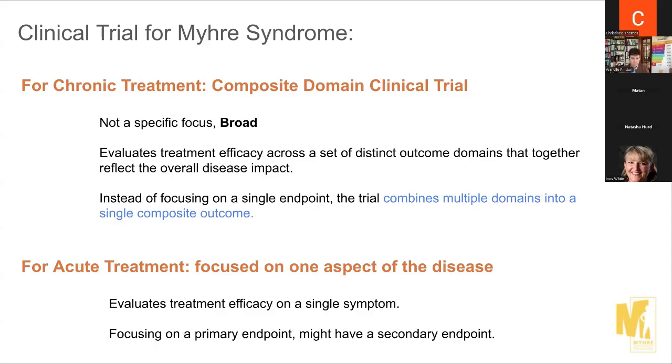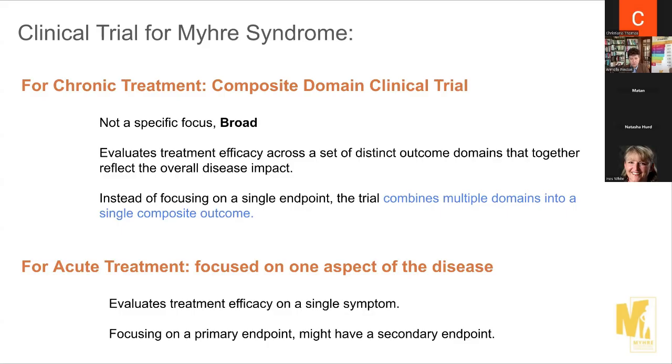It's very dynamic. So for Myhre syndrome, I was saying before that you have two really different types of clinical trial that you want to think about. It's the chronic treatment versus the acute treatment.